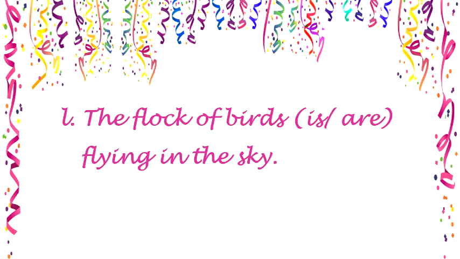Okay? So the answer should be is. The flock of birds is flying in the sky. So always remember, the collective noun and the uncountable noun, both these categories of nouns take a singular verb after them. Okay?